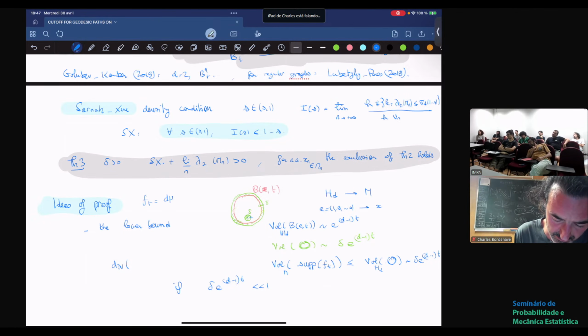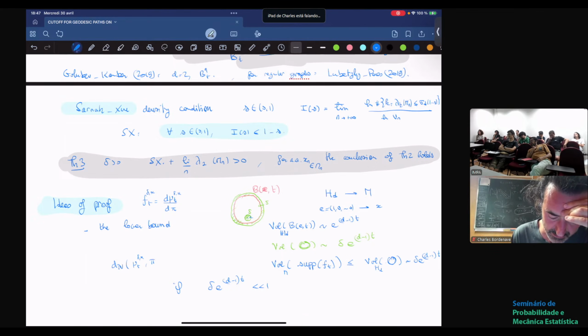I have my measure started at x, and I take the density with respect to my equilibrium measure. Sometimes I will write a dependency in delta and x.